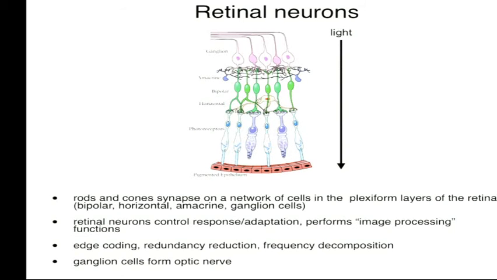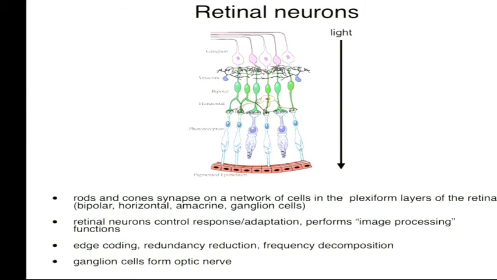Okay. So there's this neural network in the retina, and as I say here, it's involved in doing several things. One is doing automatic gain control and adaptation.